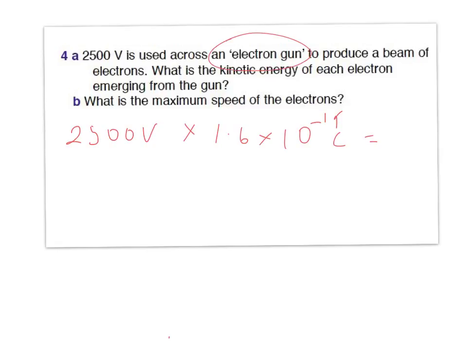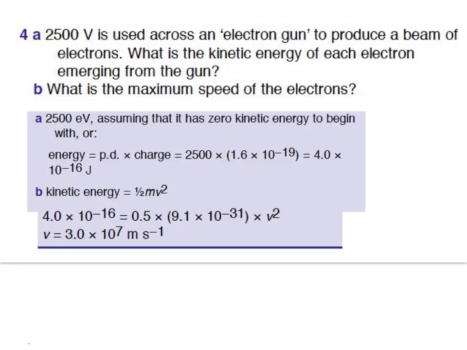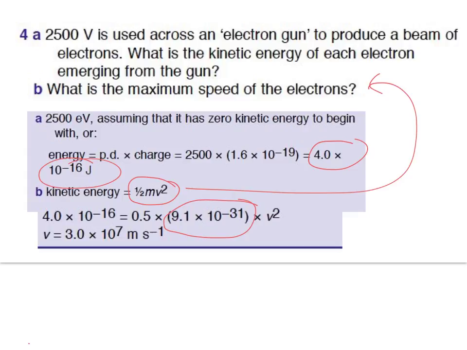You multiply those, and you end up with 4 times 10 to the minus 16. If that is their maximum kinetic energy, we can then find their maximum speed by using the mass of an electron, which is in the data booklet, 9.1 times 10 to the minus 31, and rearranging to find v as 3 times 10 to the 7.